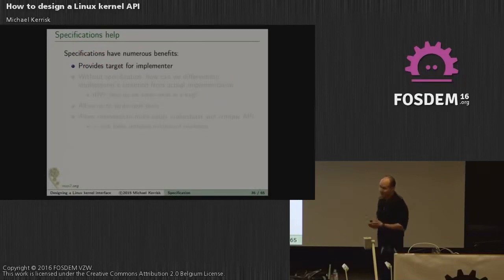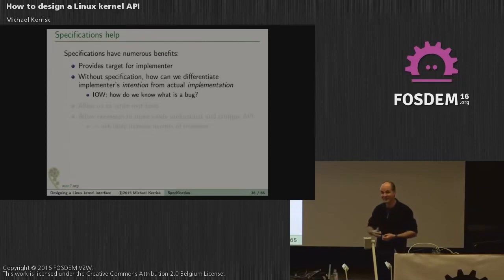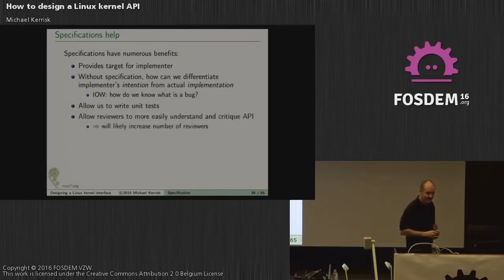When you've got a specification, then you've got a target for implementers to work towards. And if you don't have that specification, how can you tell the difference between the intention of the implementer and what they actually did? That difference, of course, is what we call a bug. And we can write unit tests, and we can even help people review our APIs.